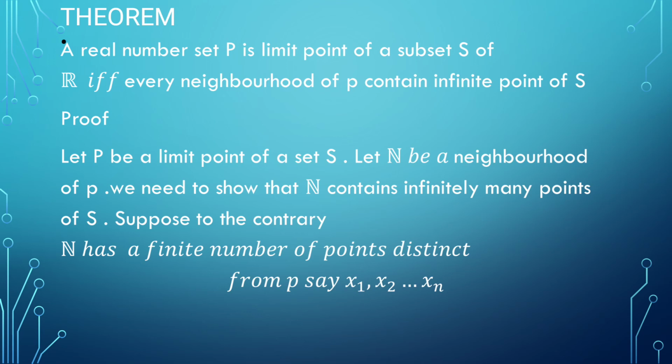Let's look at this theorem here. A real number P is a limit point of some subset S of the real numbers if and only if every neighborhood of P contains infinitely many points of S. Let's prove this.